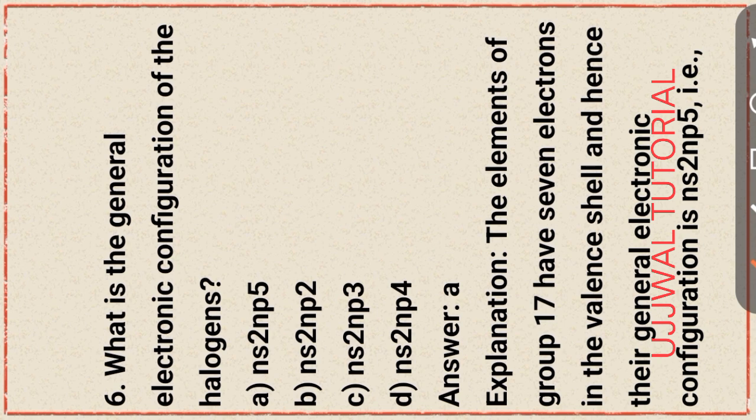Question number 6: What is the general electronic configuration of halogens? Option A, ns2np5.